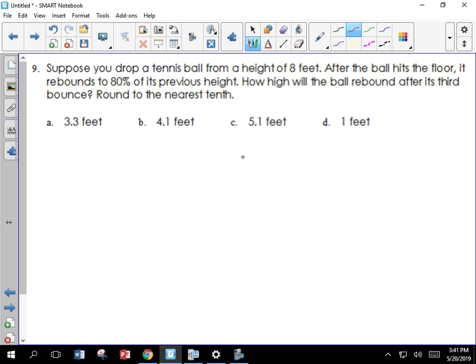All right. Suppose you drop a tennis ball from a height of 8 feet. After the ball hits the floor, it rebounds to 80% of its previous height. How high will the ball rebound after its third bounce?